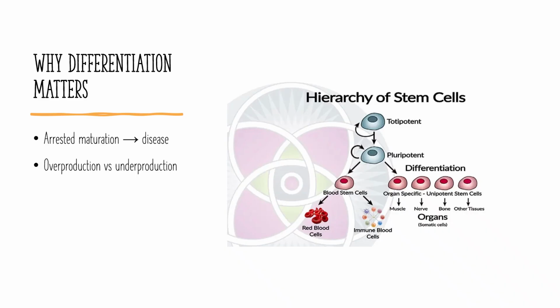So morphology is not just appearance, it is evidence of underlying cellular decision making. In other words, differentiation tells the story of whether hematopoiesis is functioning normally or failing. And as we move forward in this course, nearly every disease we study will come back to one question. Where in development did things go off track?